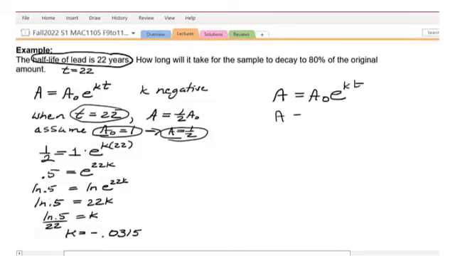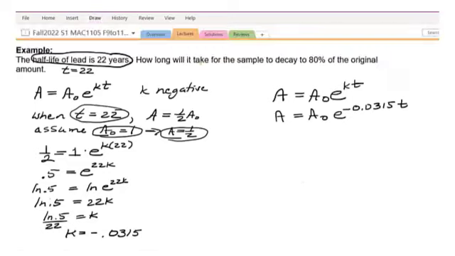In this case, we just figured out that the formula fits the pattern A equals A sub 0 e to the negative 0.0315 t. Now we can use that to answer the next part of the question, which is how long does it take for the sample to decay to 80% of the original amount?